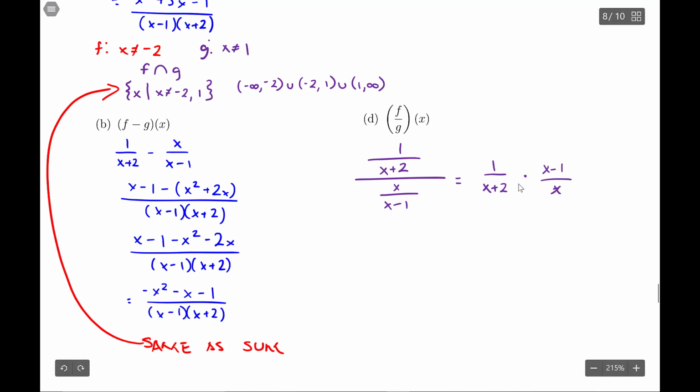We end up with x minus 1 in the numerator, because 1 times x minus 1, over x times x plus 2. So we still have the same initial two domain restrictions.